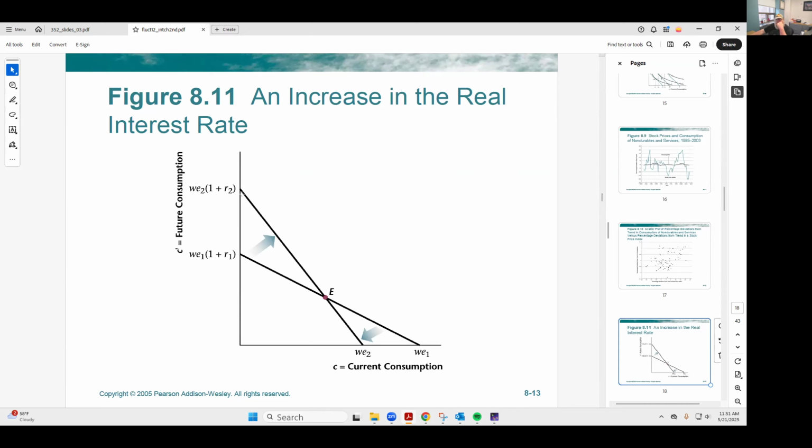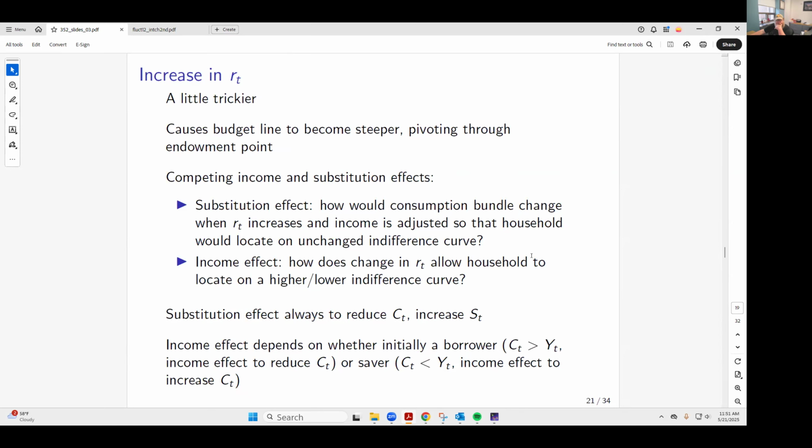As the real interest rate goes up, the intertemporal budget constraint is going to pivot around this initial optimal bundle. Essentially, current consumption becomes more expensive and future consumption becomes less expensive. That's the idea behind an increase in the interest rate.